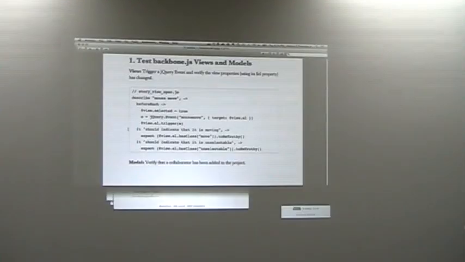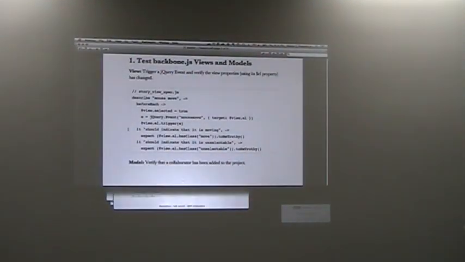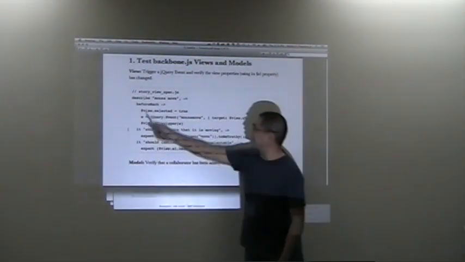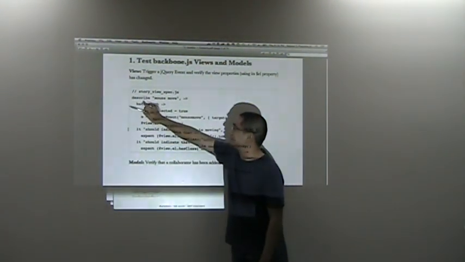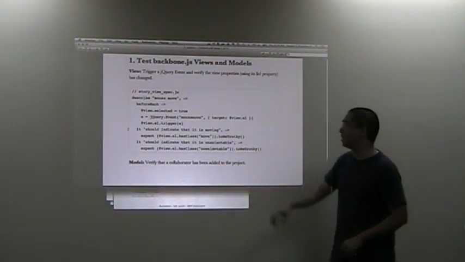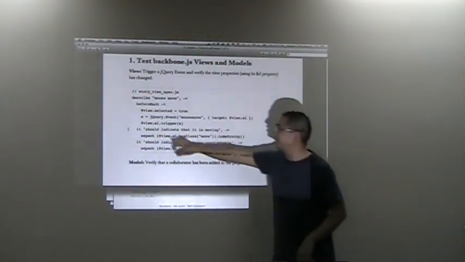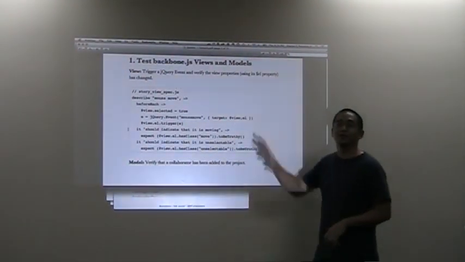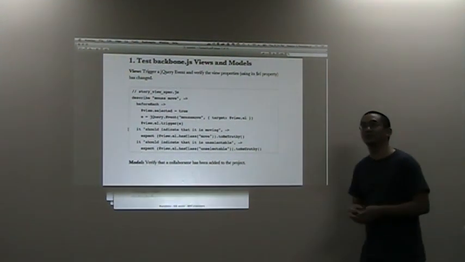It's Backbone with Jasmine, written in CoffeeScript. These parts are provided by Jasmine: the describe function, the before block, and it. So it looks like our spec. It's provided by Jasmine. It's simply a JavaScript library.